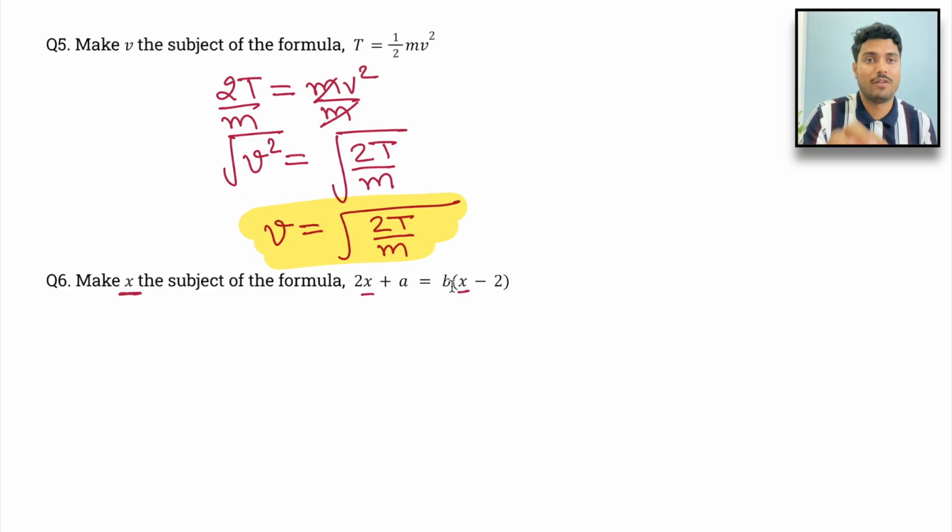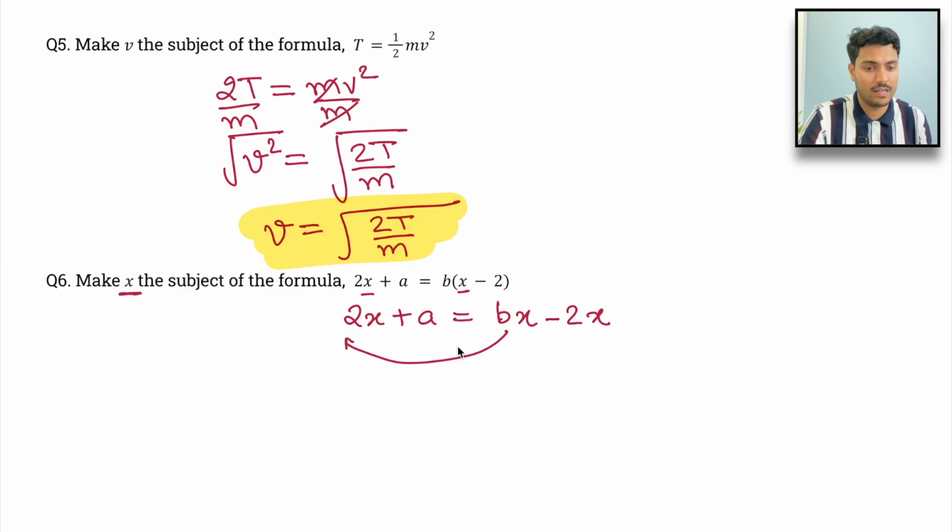In this case, we have to understand the concept of like terms. So we have to keep the like terms together, and then we have to take one x common. So for that, let's expand the bracket first in the RHS. So we can write bx minus 2x, and then transpose bx this side and a to the other side. So we can write 2x minus bx is equal to minus 2x minus a.